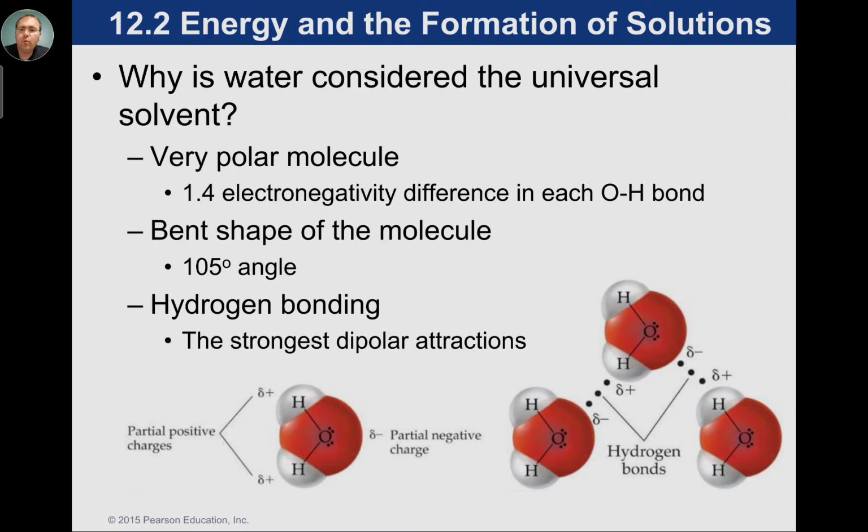The reason water is so important is because it's super polar. It has a 1.4 electronegativity difference between the O-H covalent bonds. That's because oxygen's a 3.5, second highest on the table, and hydrogen's pretty low at 2.1. Because of its bent shape, it allows those dipoles to work together towards oxygen's lone pairs.